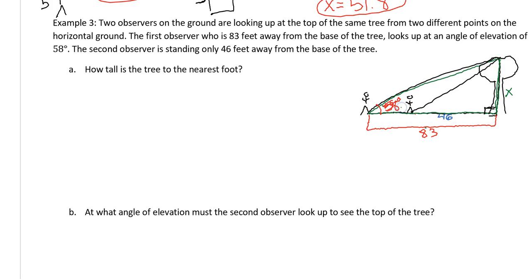I have the opposite side and the adjacent side, so I'm just using tangent. Tangent of theta equals opposite over adjacent. So tangent of 58 degrees equals x over 83.